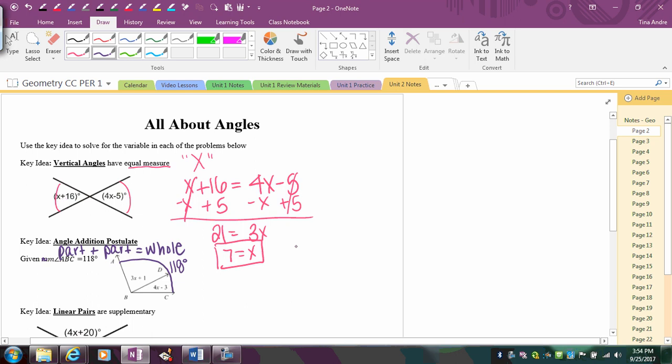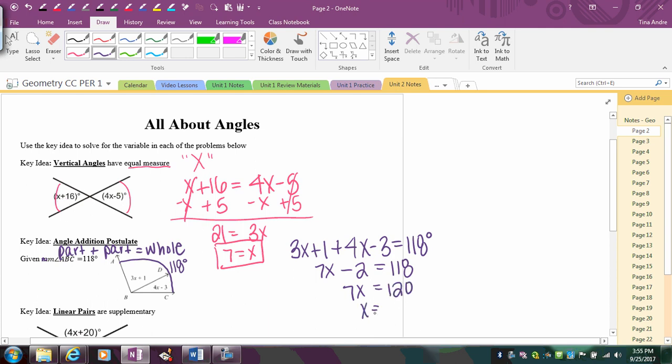So I'm going to set this up as part, so 3x plus 1 plus the other part of the angle, 4x minus 3, is equal to 118. And then from there, we can combine like terms and then solve. So 3x plus 4x gives me 7x. 1 minus 3 gives me negative 2 equals 118. Bring that 2 over, so add it to both sides, you get 120.